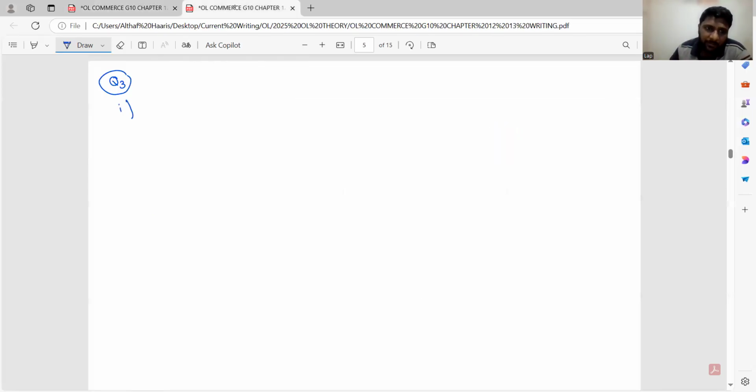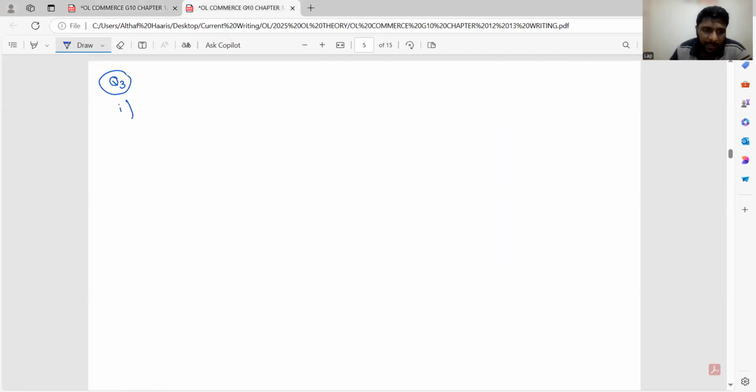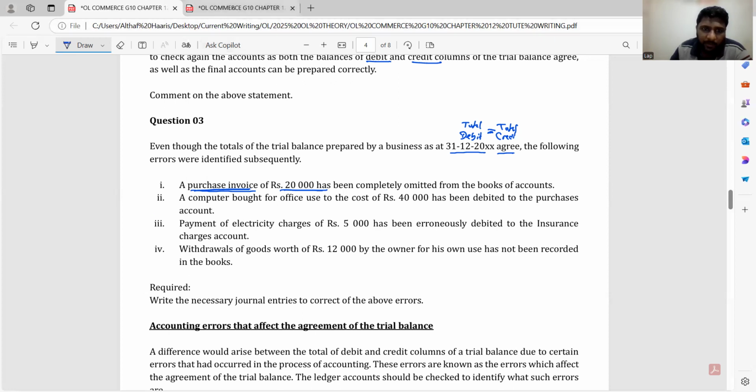You have missed that particular transaction. So debit the purchase account, credit the creditor account. What is the value? 20,000.